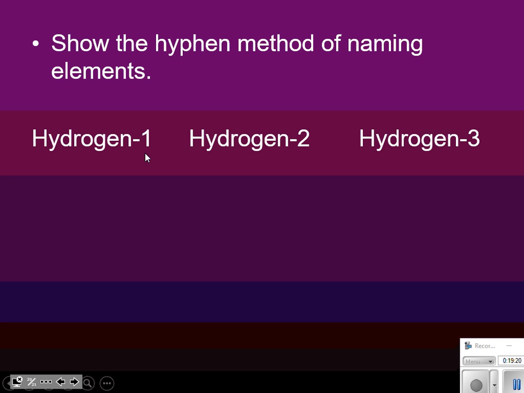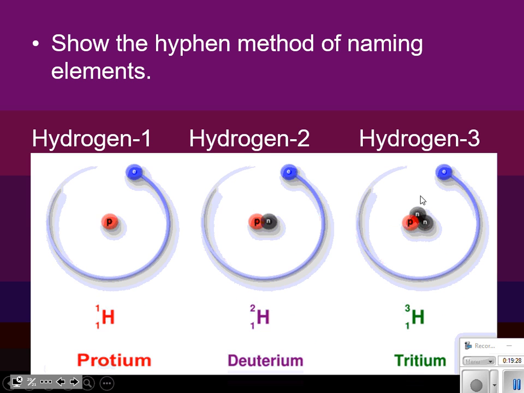But here, the hyphen method, hydrogen 1, hydrogen 2, hydrogen 3. What that is just simply telling you is hydrogen 1 has 1 proton. 1 over 1. Remember, this is the atomic mass, this is the atomic number. So if it's hydrogen 1, it has 1 proton.